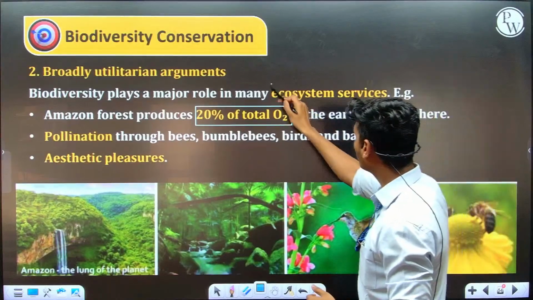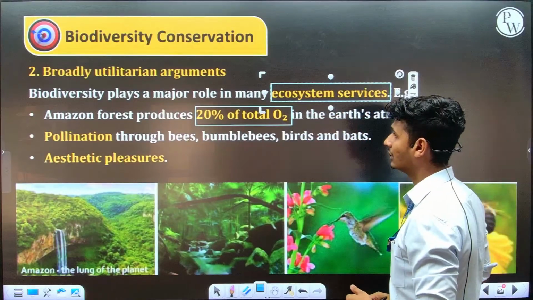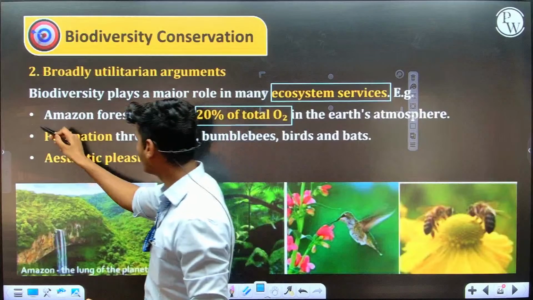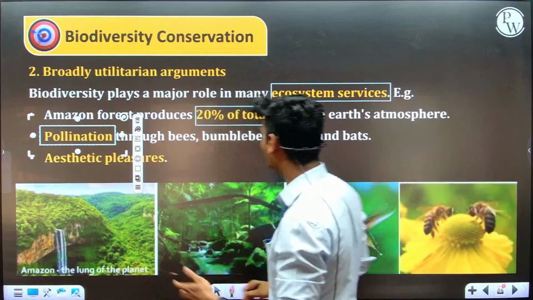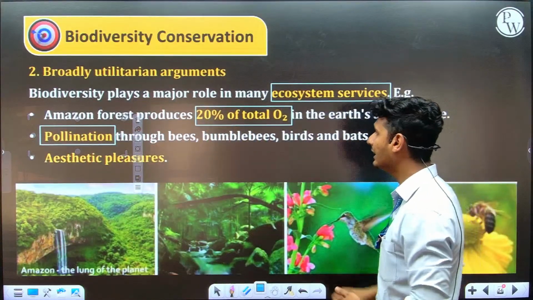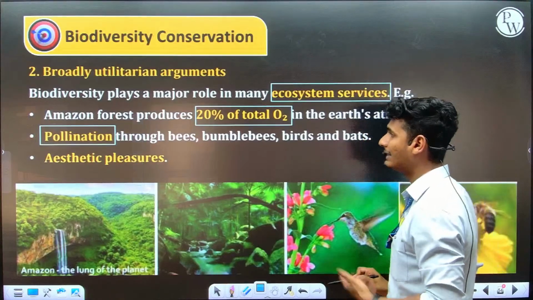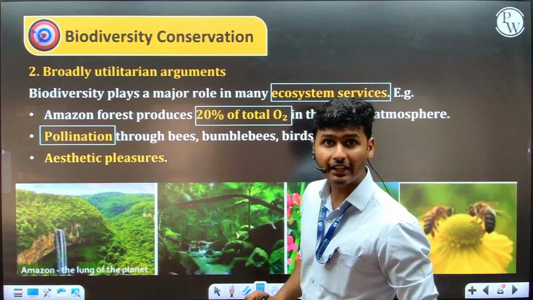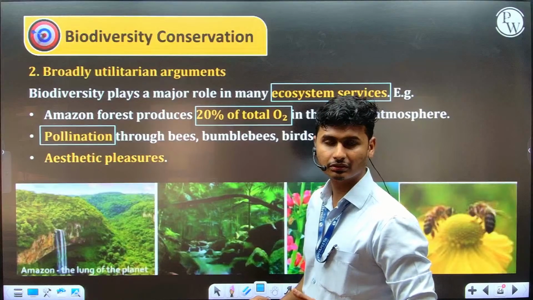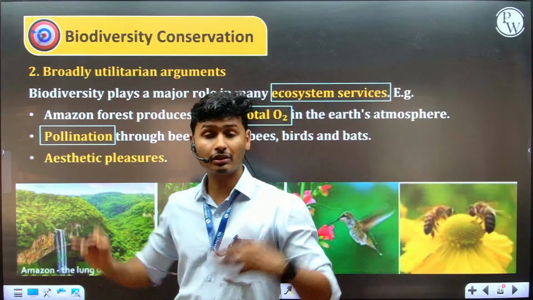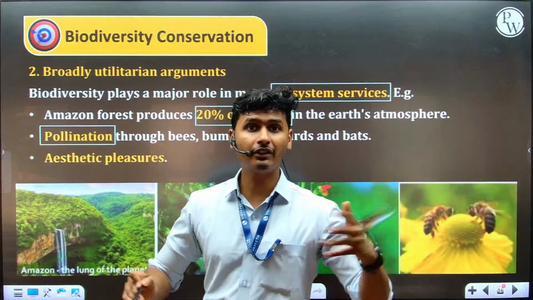We are getting ecological services, sir. For pollination, bees, bumblebees, birds and bats are helpful. So that's why we are protecting species, sir. Not for us, but for good oxygen, for our future generation.